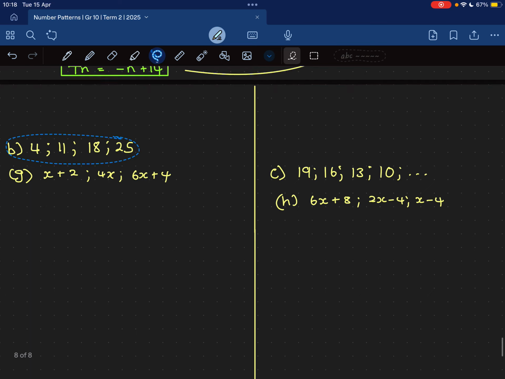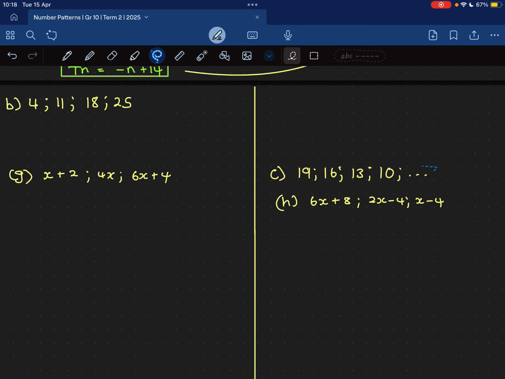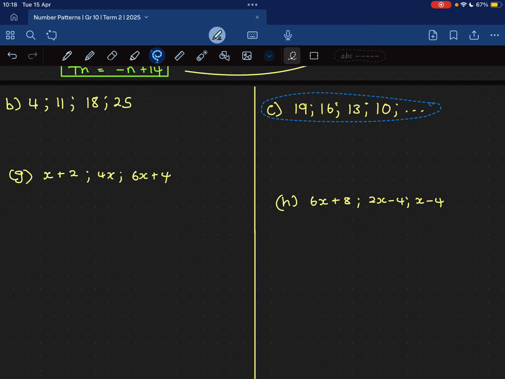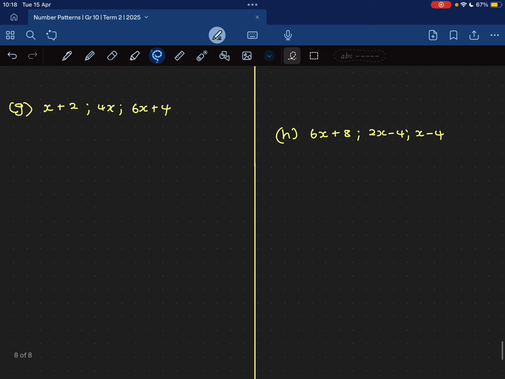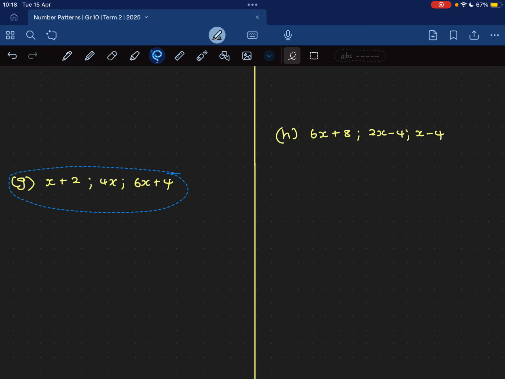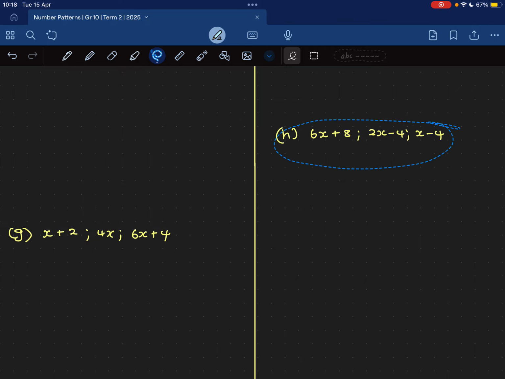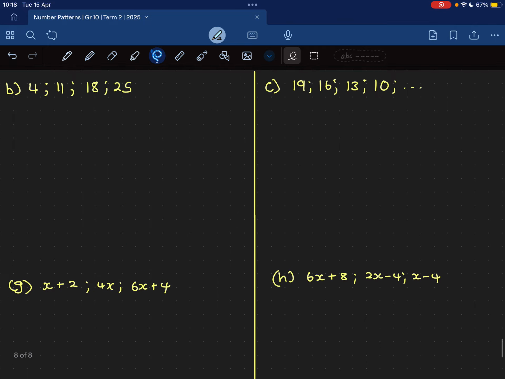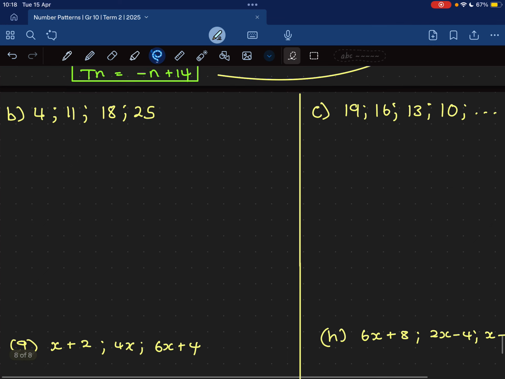Now, B and C. So B and C was a two-part question. It asked you firstly to find the term of something, and then it also told you to find which term in the sequence was something else. Okay, so the first question, number 1, says determine the 45th term.